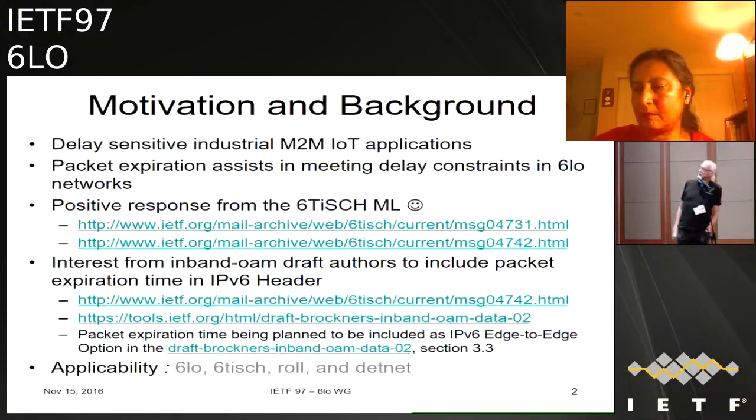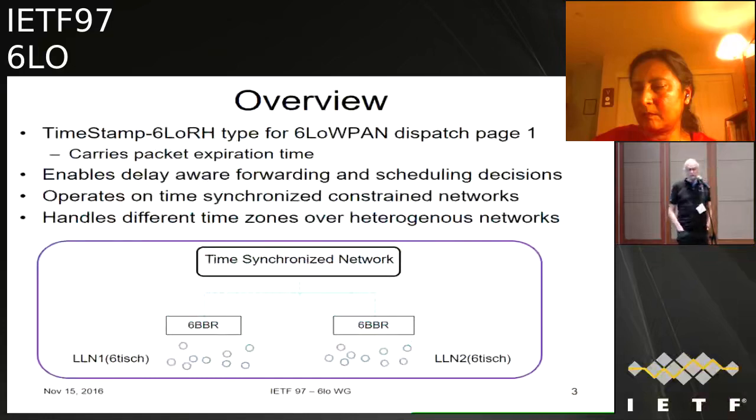Next slide, please. So basically, the idea is that first of all, this applies most easily to time synchronized networks. It's pretty straightforward in that case: since you have time synchronization, when the device sends out the packet, it includes the expiration time as part of a new 6LO header.